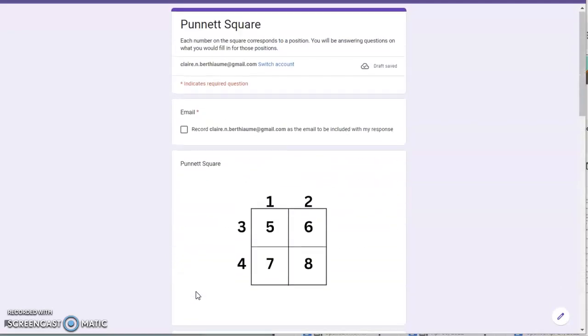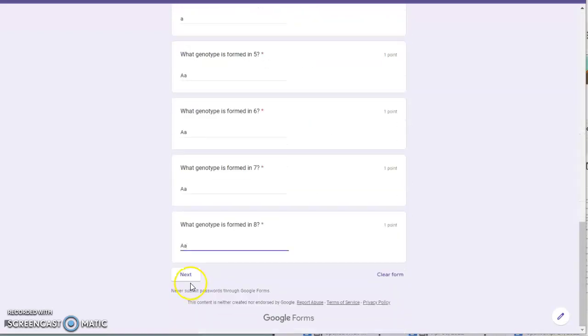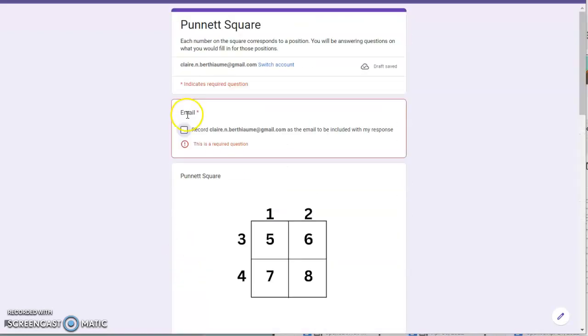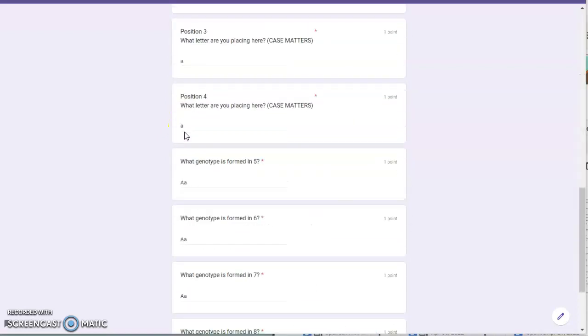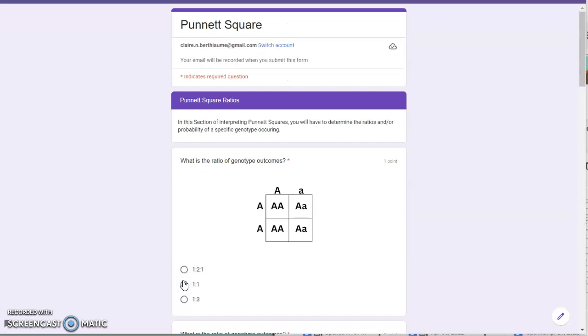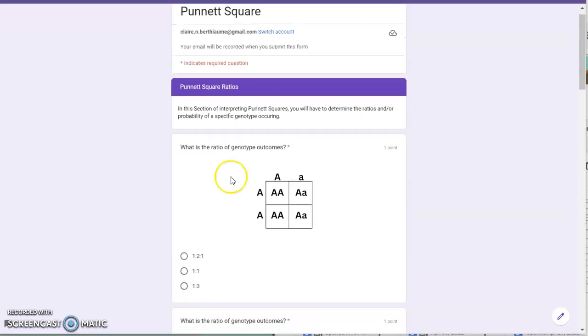Alright, so that's the first part of this assignment. You're now going to have to go to the next page. Oh, don't forget to select this. Going to have to go to the next page. And you're going to have to look at Punnett Square ratios and or the probability of a specific genotype occurring.